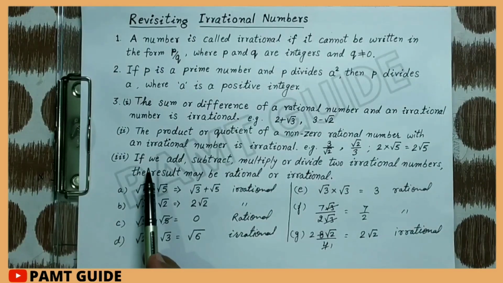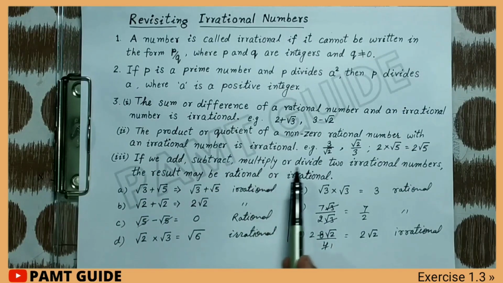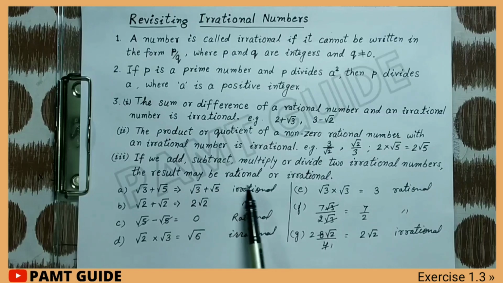So if we add, subtract, multiply or divide two irrational numbers, the result may be rational or irrational.